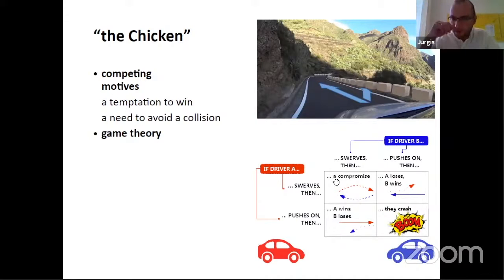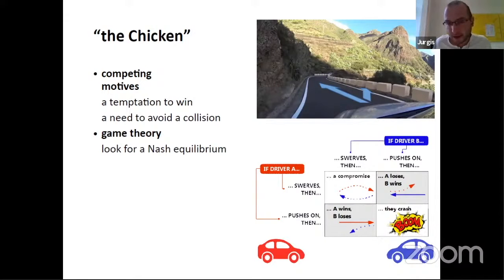Game theory, which studies such mixed motive games, says that drivers should choose their actions in a way such that neither is tempted to deviate from their action, given what the other is doing. Now, there are two combinations of drivers' actions in this game that have this characteristic.